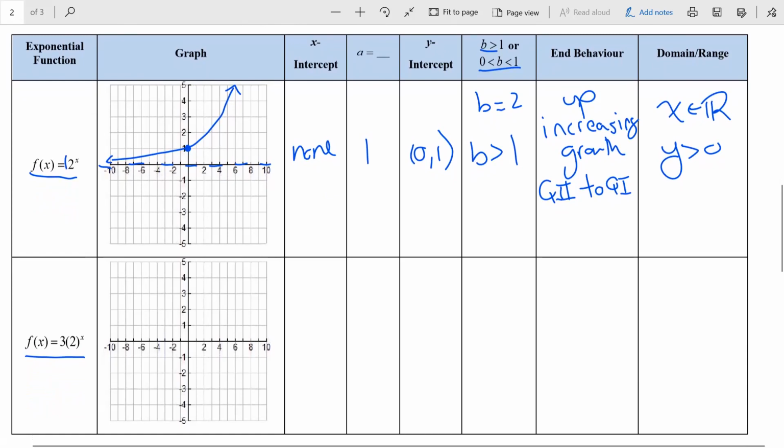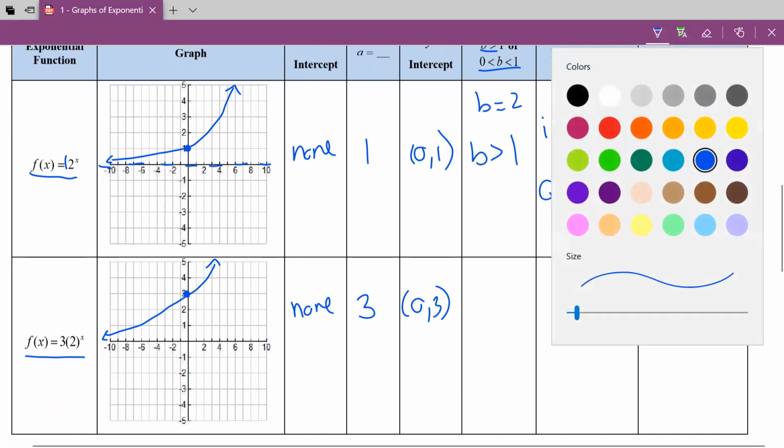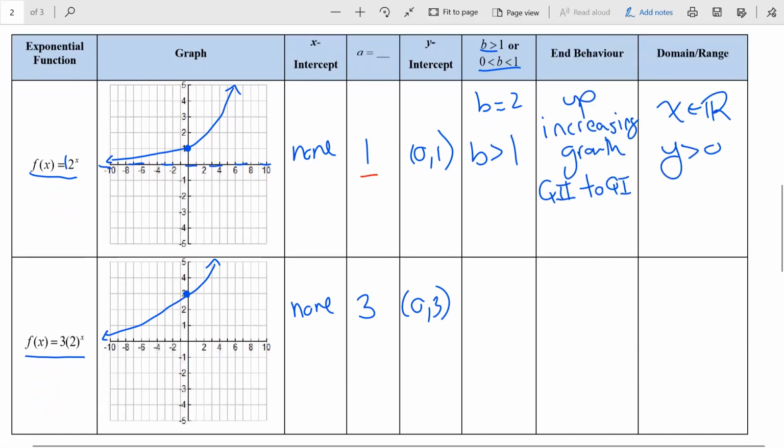If we look at the next graph, what we're going to see again is this time we're going to have a y-intercept at 3, and the graph again, roughly, is going to look like that. Okay, almost looks like the curve of a hockey stick. There are no x-intercepts. The a value is 3, and my y-intercept is 3. Okay, I'm hoping right here that you can make me a link between the a value and the intercepts.